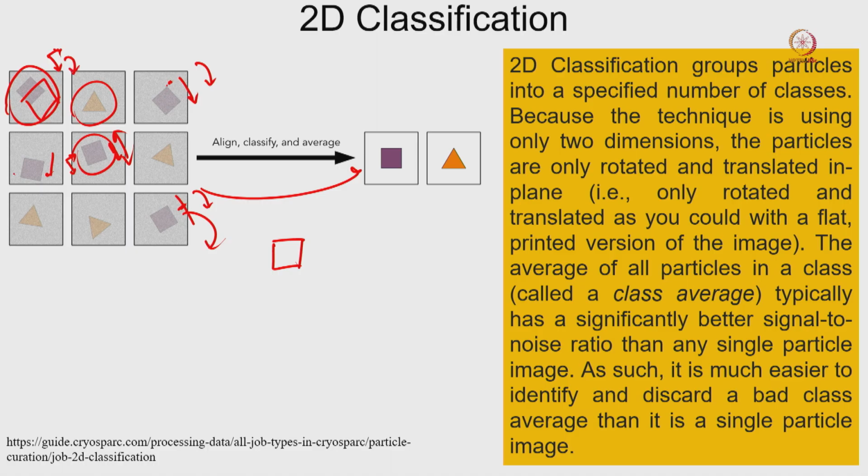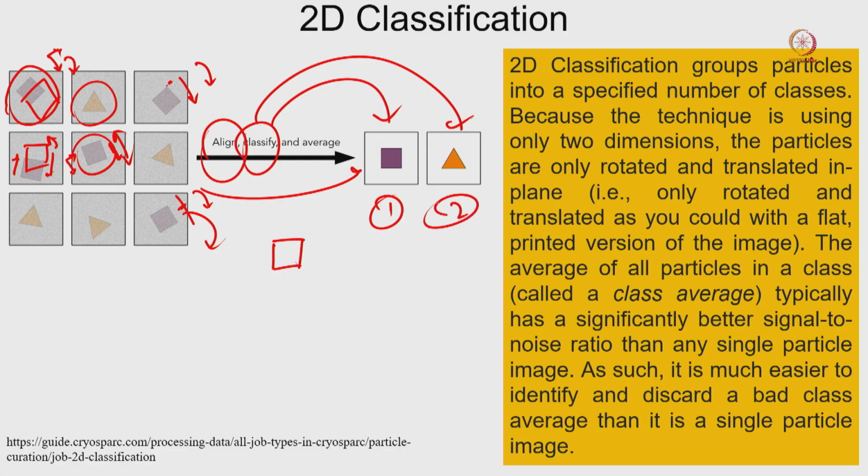Same thing here, we have to move this particle to the center, and then there will be some rotation. So what we are calculating, we are aligning the particles and then classifying them into two different groups, group 1 and group 2, and then calculating the average based on their signal.